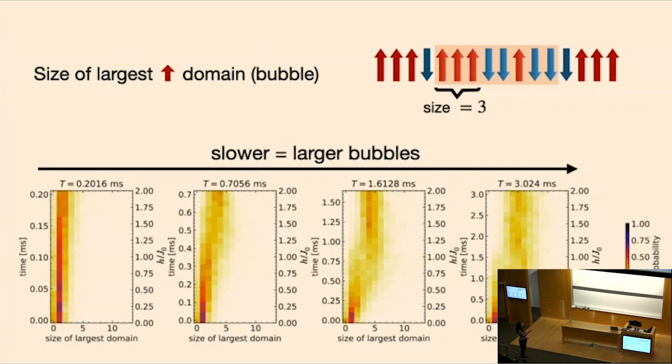So at long times, after the string breaks, the distribution is peaked at some large value of this size. So it means that the string breaks by forming large domains of upspins. While if you go very fast across this string breaking point, you will see that these bubbles tend to be very, very small. Okay, so this is how we characterize string breaking in this case.